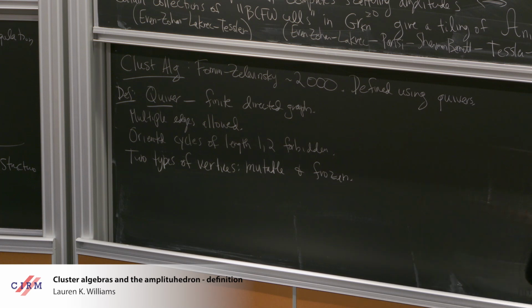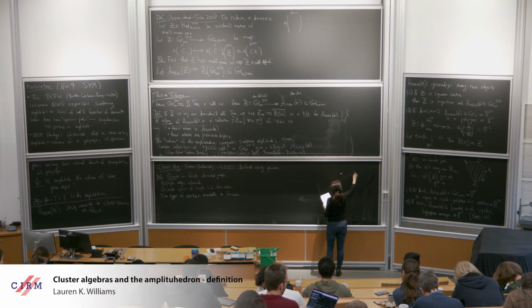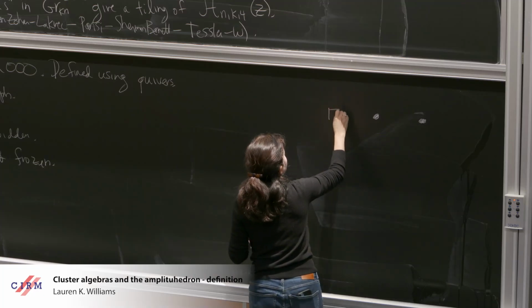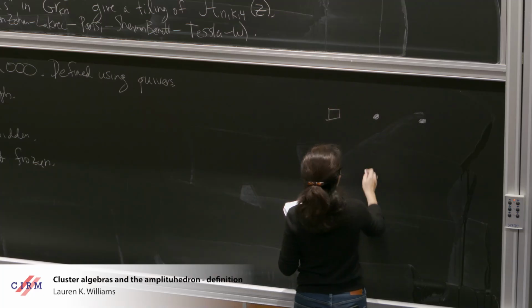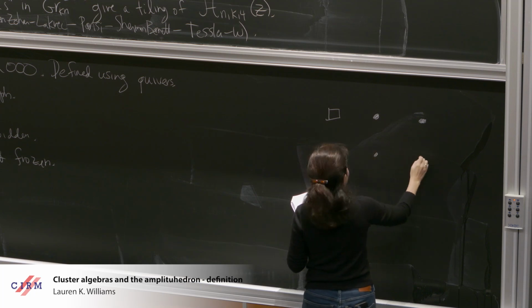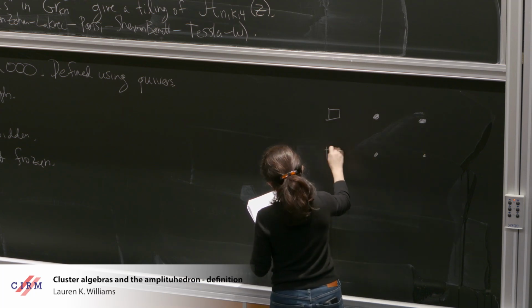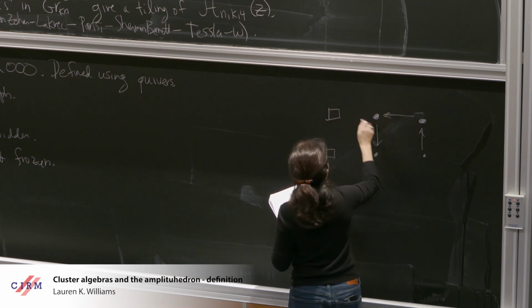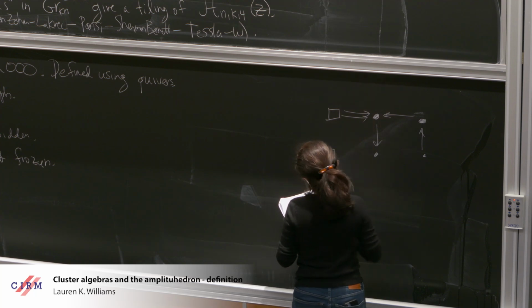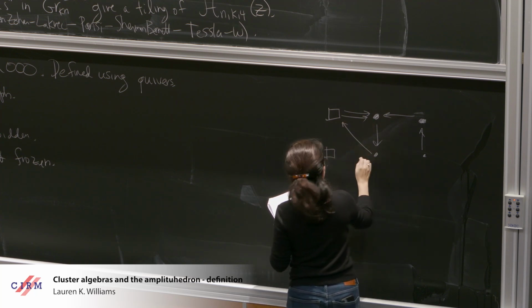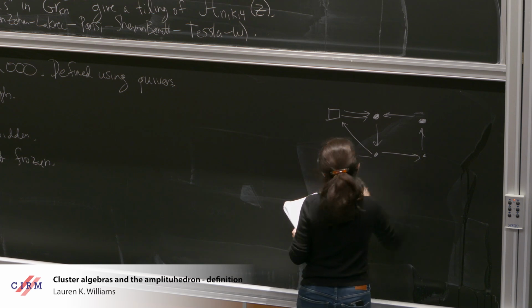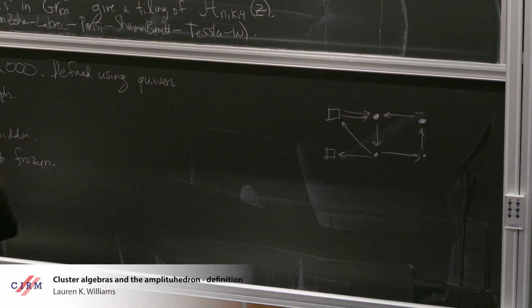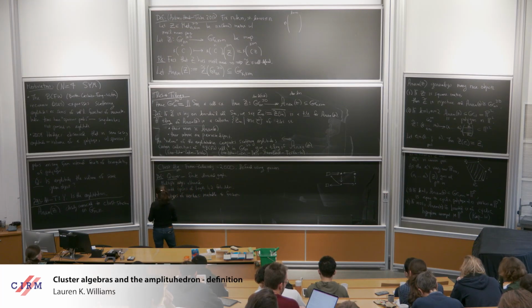So let me draw a picture here. I will denote mutable vertices by dots, and I will denote frozen variables by little squares to remind you of frozen ice cubes. So here are some arrows. Multiple edges are fine.